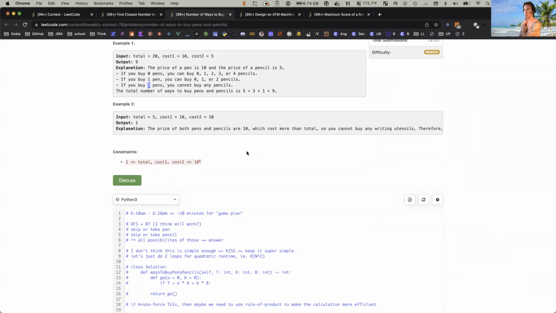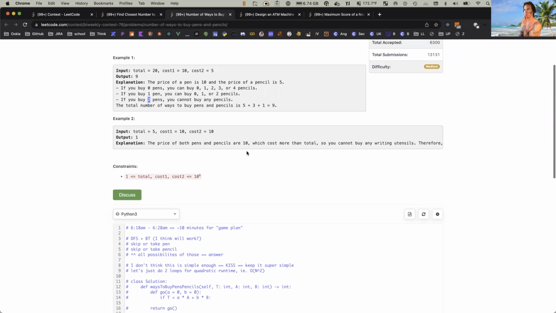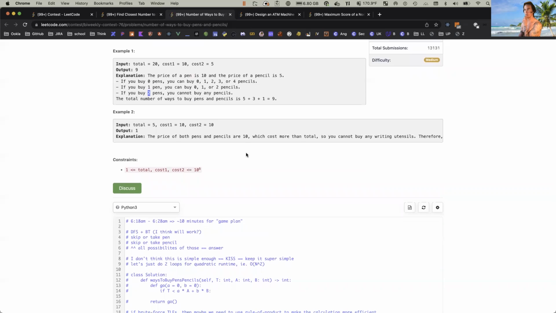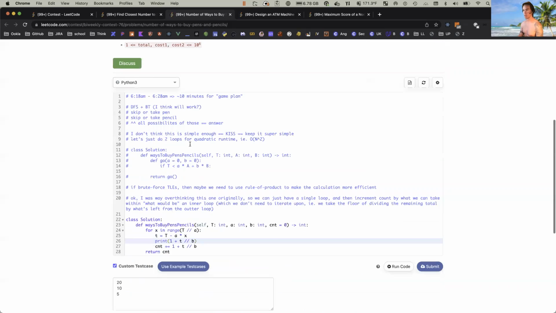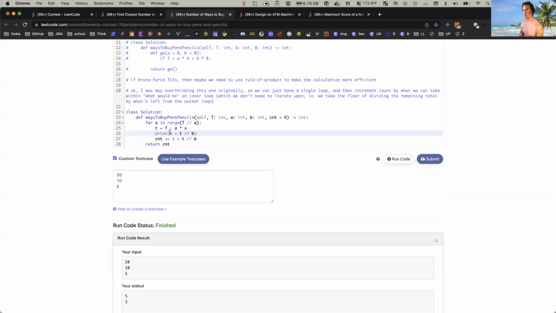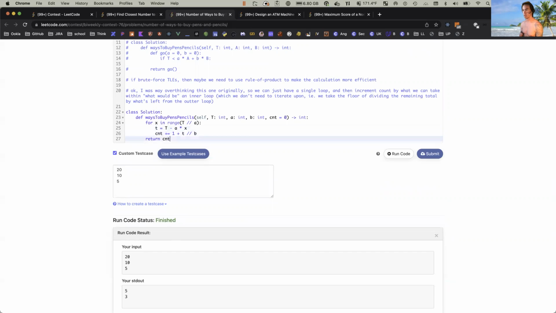Buy 2 pens, you cannot buy any pencils. Each iteration should count as 1, regardless if you can take any.